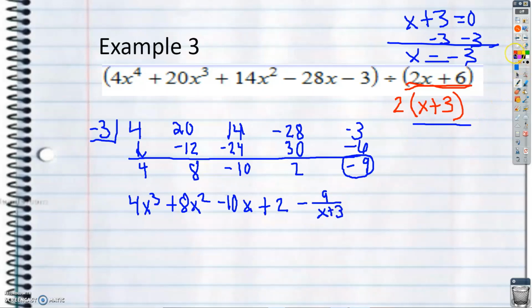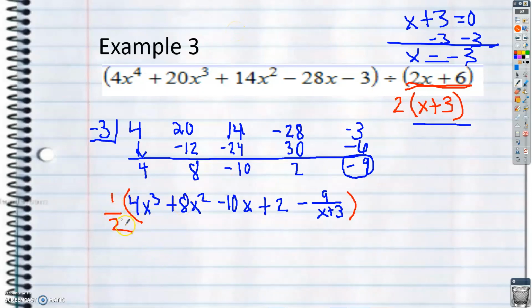Okay? And this is going to be the tricky part, because remember in the beginning I took out that 2, so I have to put it back in. So that's 1 over 2, because remember this 2 is in the denominator.